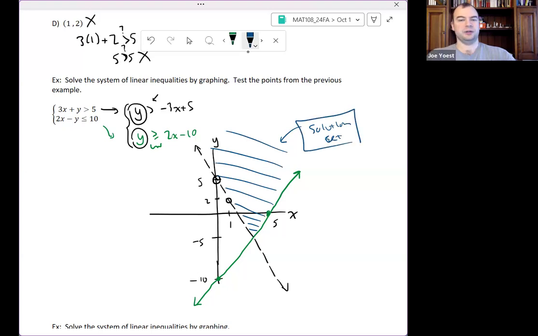So this blue shaded region represents my solution set. Anything in this region, any point that is above or on the green line, and also strictly above the black line, will represent a solution to this original system of linear inequalities.